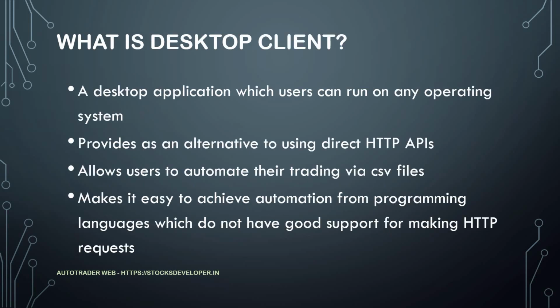What is the desktop client? I think we covered it pretty much. It's a desktop application, can be run on any operating system, and it provides an alternative way of making HTTP requests by means of CSV files, by communicating through CSV files.